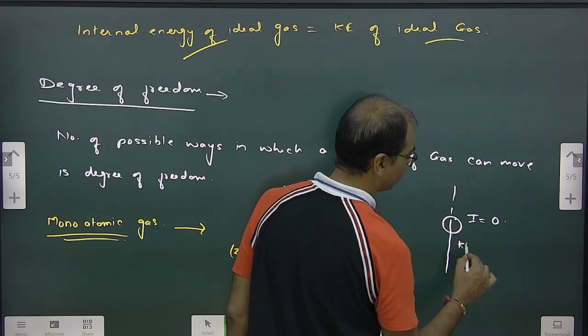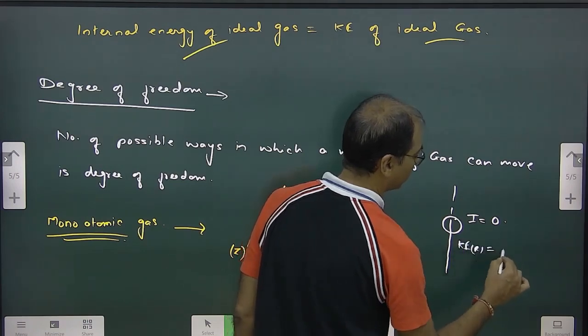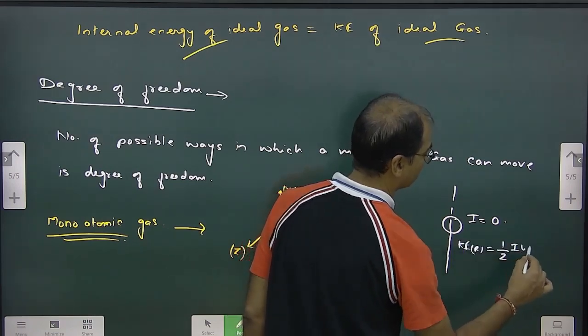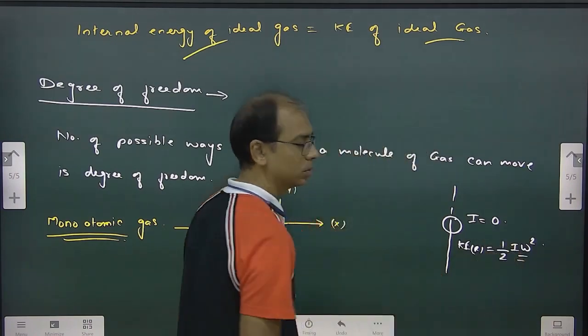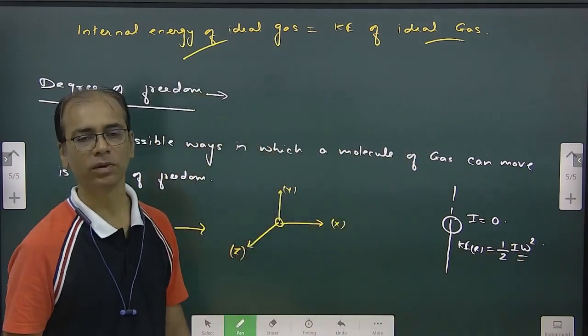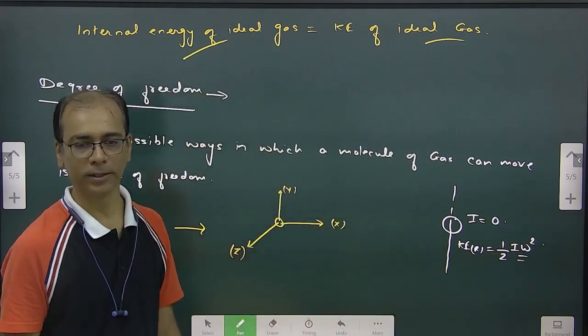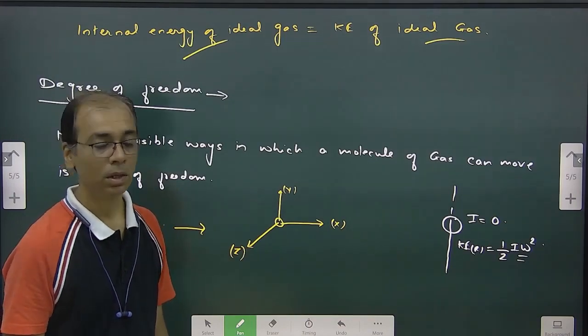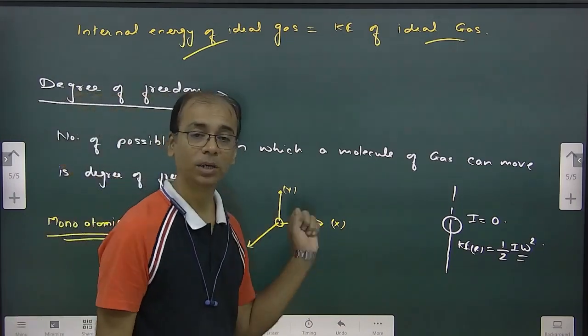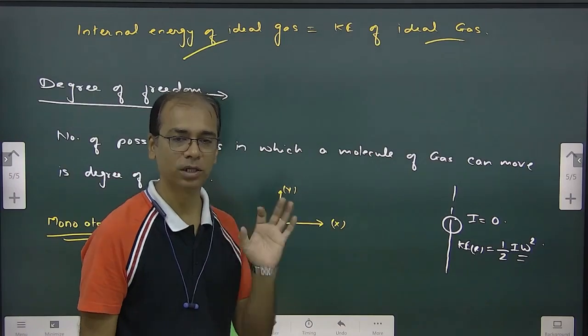Kinetic energy of rotation, if I write, is half I omega square. That's why I is required. So I is 0, so kinetic energy of rotation we are not considering, at least in monoatomic gas. So in monoatomic gas, how many degrees of freedom are there? Only due to translation.